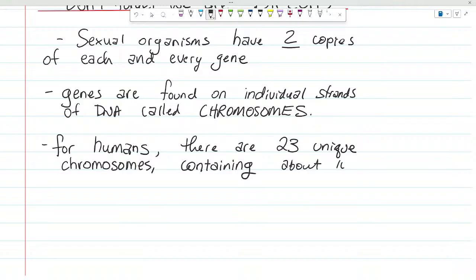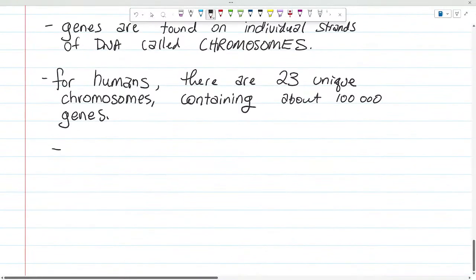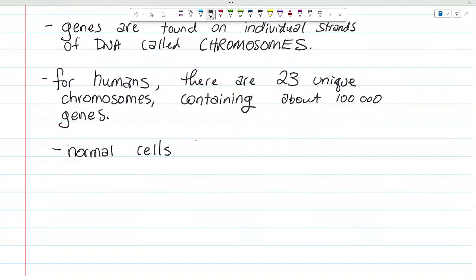Containing about 100,000 genes. Normal cells have 46 chromosomes, 2 copies of each.